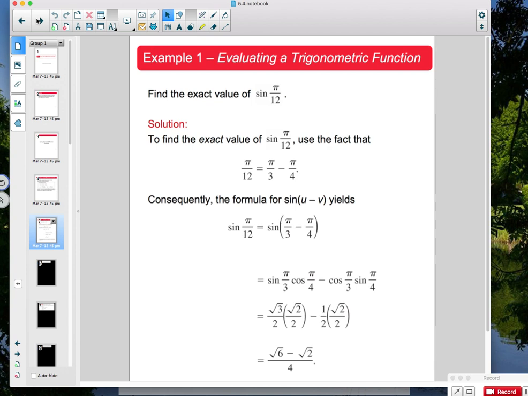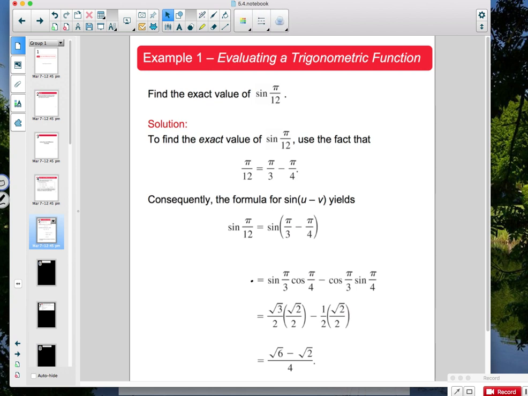So you use the difference formula: sine of pi over 12 equals sine of pi thirds minus pi fourths. So you get sine pi thirds cosine pi fourths minus cosine pi thirds sine pi fourths.